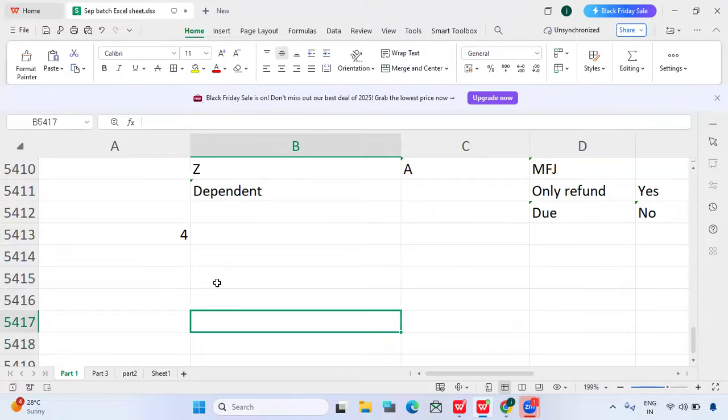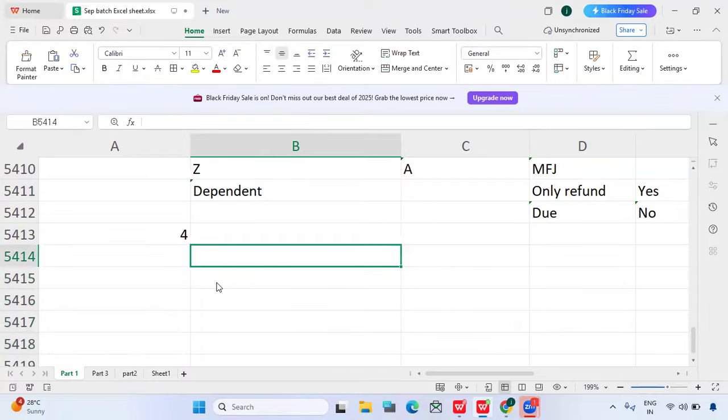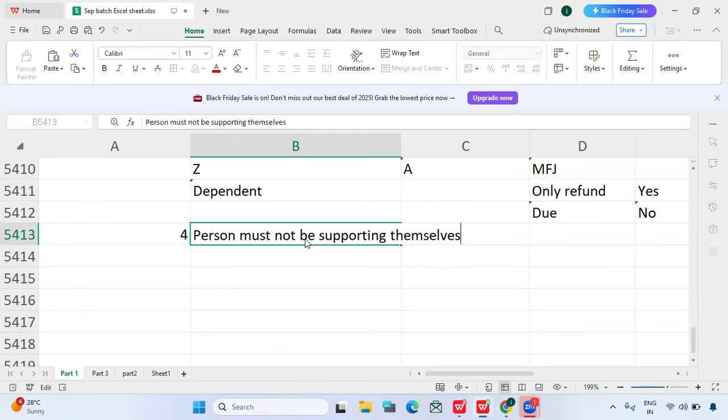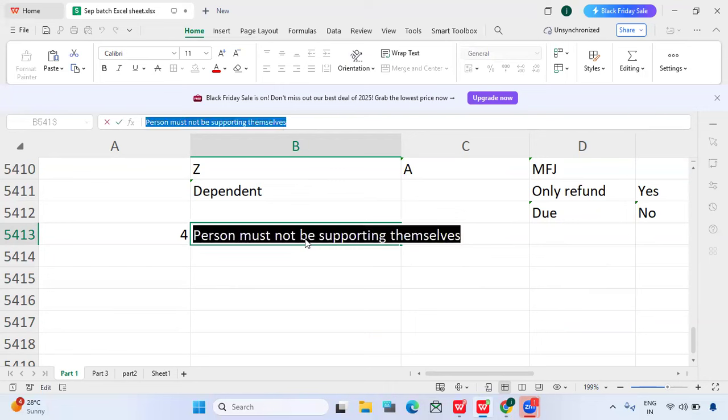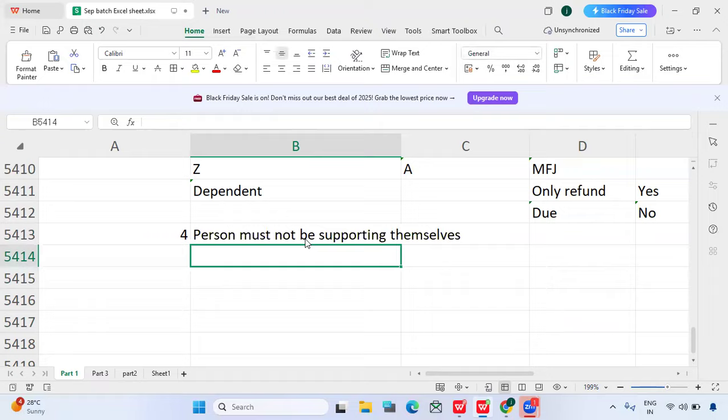And the fourth important point: a person must not be supporting themselves. To consider a person as a dependent, what is the primary important thing? It is financial. Dependent means he is relying on someone.